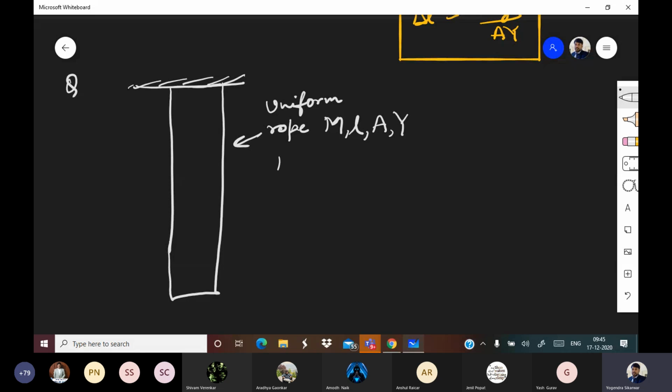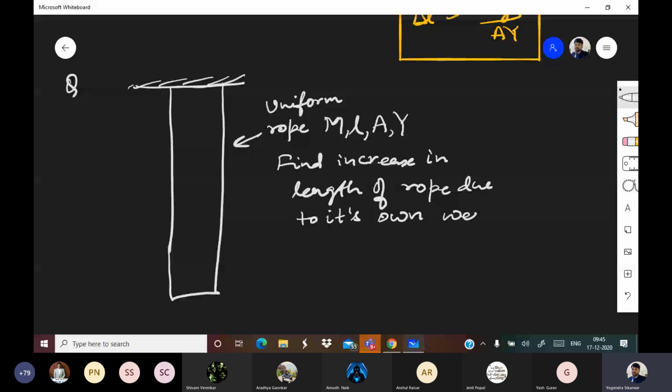So the question says find the increase in length of the rope due to its own weight. Please find, everyone. It's a good question.